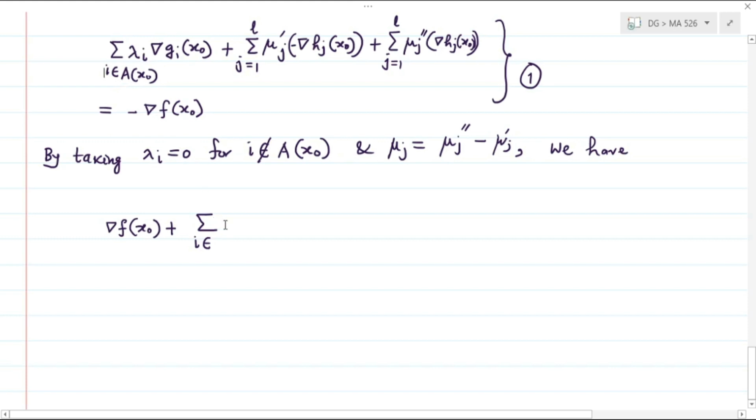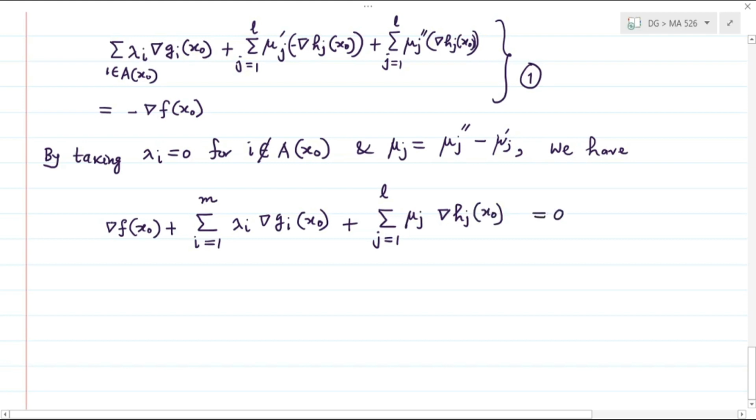So I can smoothly take i ranging from 1 to m, lambda i grad of g i x. This is due to the fact that if i is not belonging to A(x naught), then the term lambda i times grad g i x naught is equal to 0, plus the sum j equal to 1 to l of mu j times grad of a j x is equal to 0.